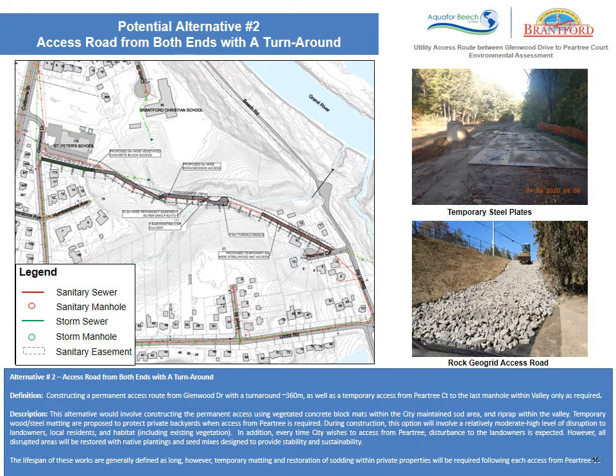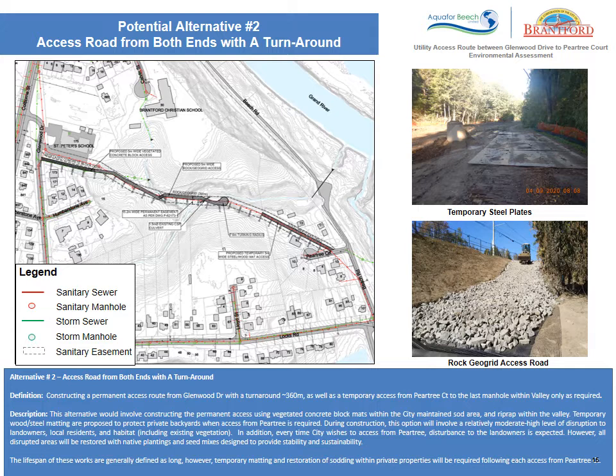The second alternative includes an access road, which would start at the upper end of Glenwood Drive and would extend along the St. Peter's School parking lot through the valley, and then have a turnaround within the lower half of the study area.